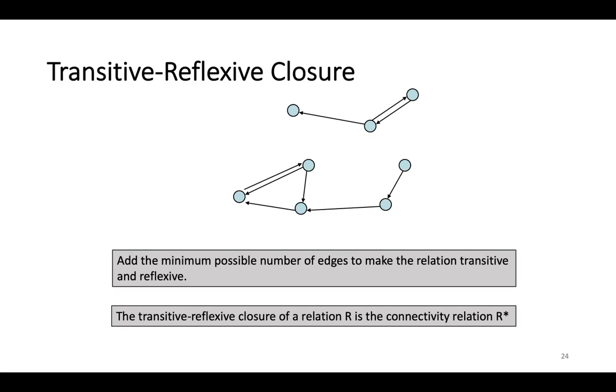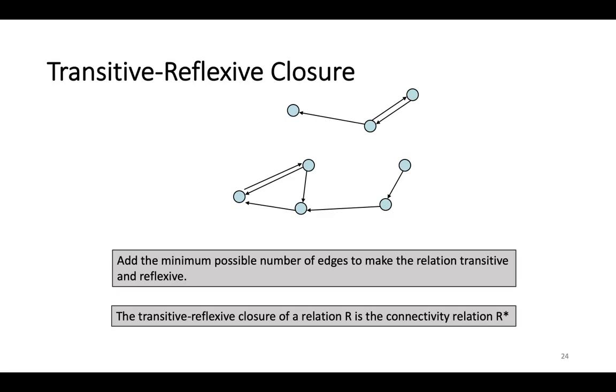So here is the definition: transitive reflexive closure. If you have a relation or set that has the reflexive property, that is the reflexive closure. If there is the transitive property on the relation or set, we can say that is the transitive closure.